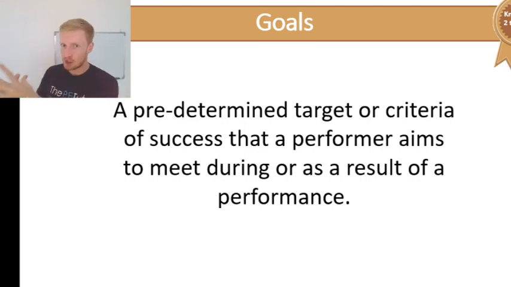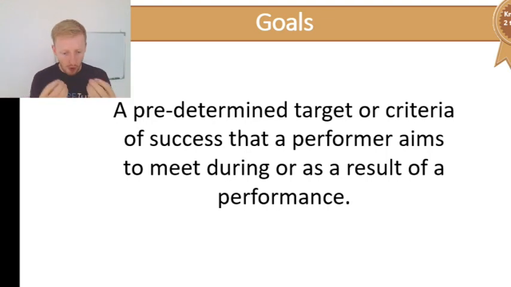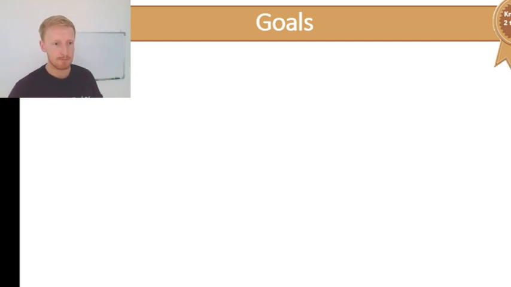How can I measure myself in regards to my own performance, in regards to other people, in regards to the league table? What is it? What am I aiming for? So a goal is something that we think up beforehand, we write it down, we perform, and then we compare that performance with whatever it was that we wrote down, that predetermined thought.